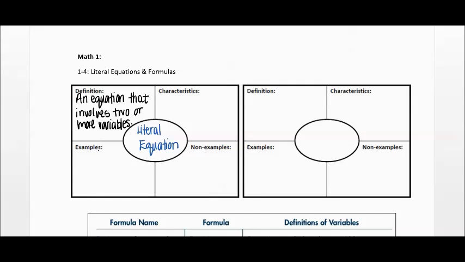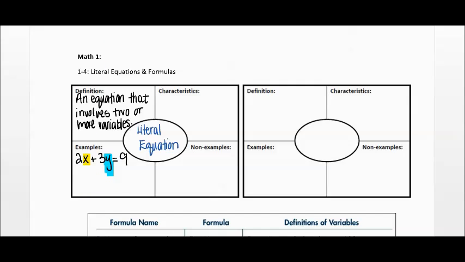So let's give an example of a literal equation. Something like this: 2x plus 3y equals 9. You can see that there are 2 variables. There's an x and there's a y.